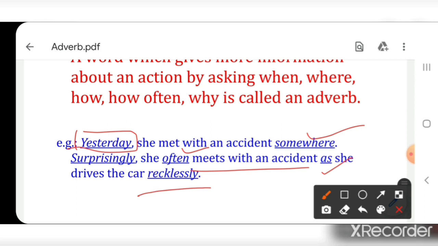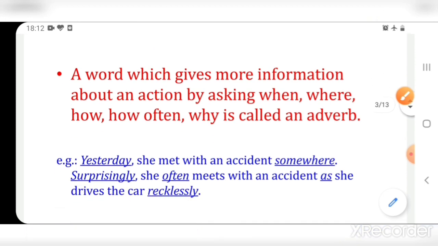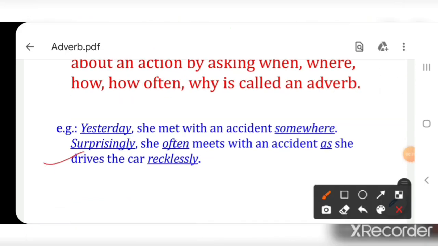Okay, so when we get the information about an action of where, when, why, how often, by asking such questions, those are adverbs.